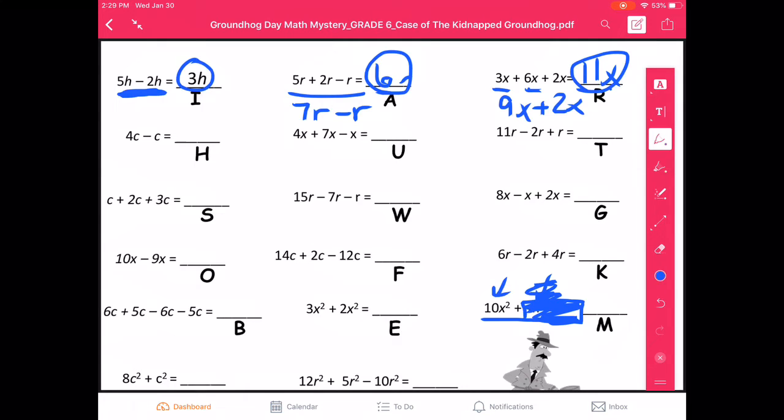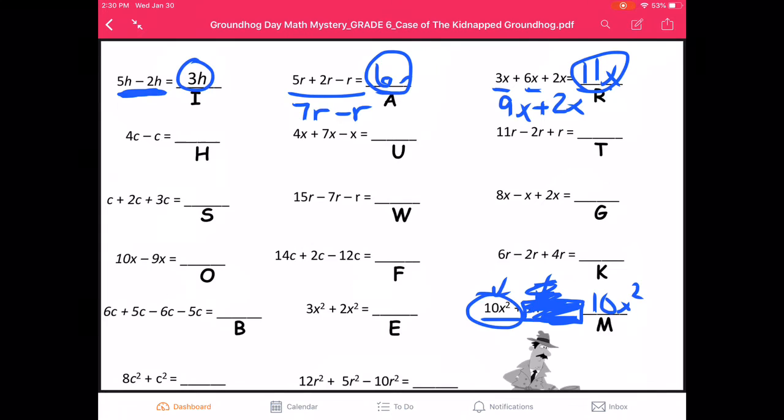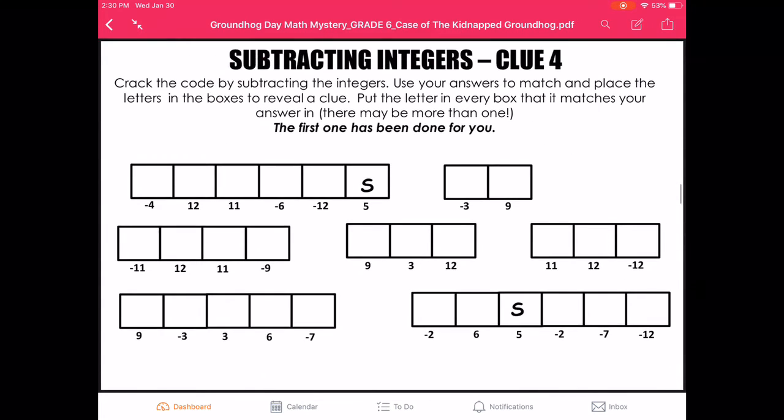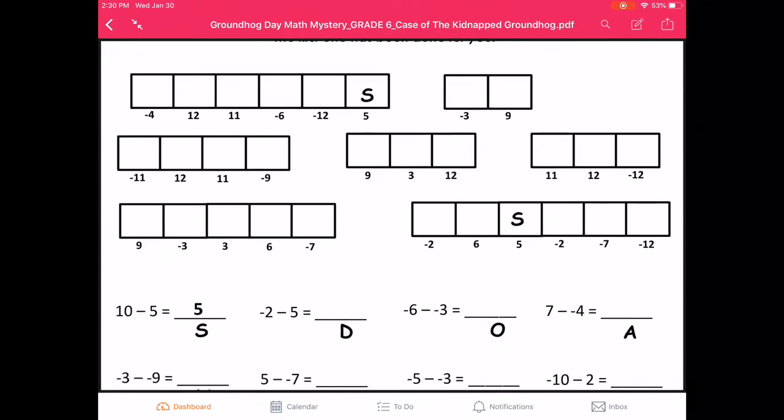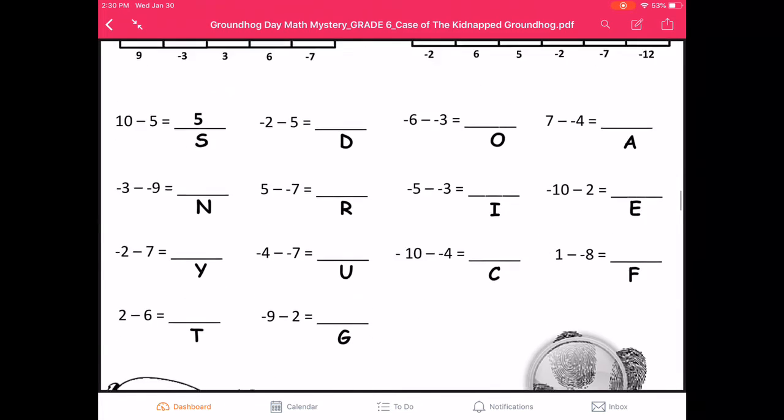Again, 4 rabbits minus 4 rabbits means I don't have any rabbits. I'm out of rabbits. So this answer here is simply going to be 10x squared. It's what's left over after I add and subtract my radios or rabbits or rings or whatever you want to call them. Okay, so that is clue number 3, and again, that's new, so hopefully you take your time and understand that one.